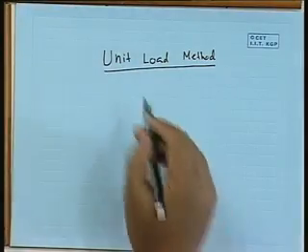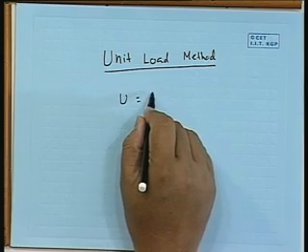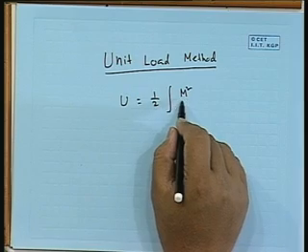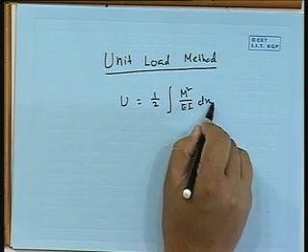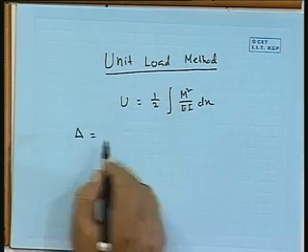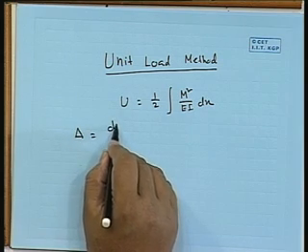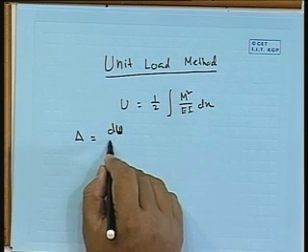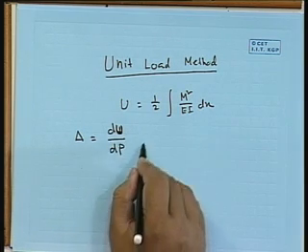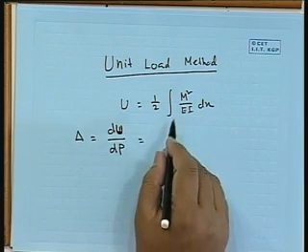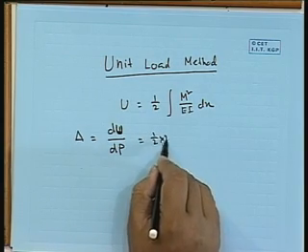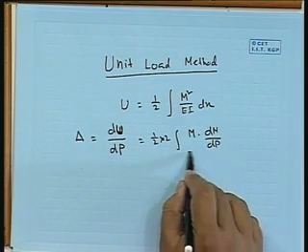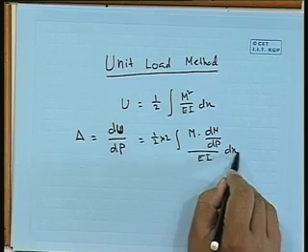Now, if we write here in general U equal to half integral m square by EI dx. So, delta we are trying to tell, this is dU by dp. It will be half 2 m dm by dp divided by EI dx.